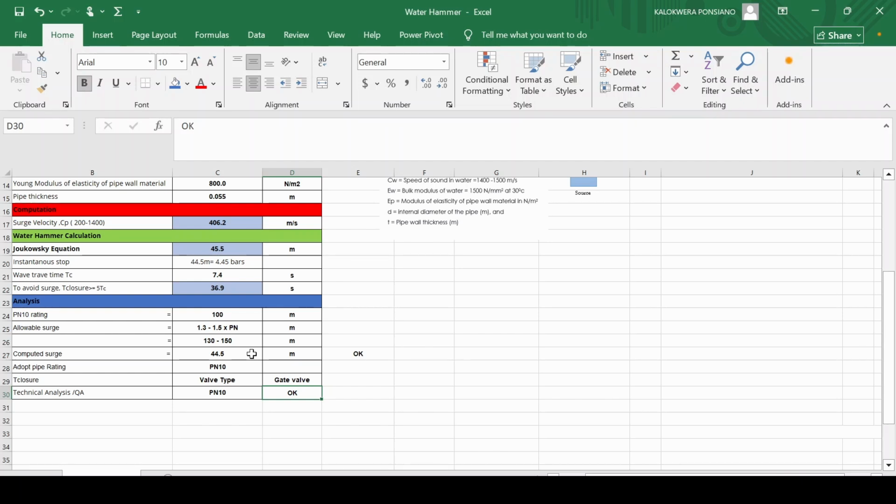Since our value was 44.5 meters, a PN5 pipe can also accommodate the system, but because we want to minimize risk, we can adopt PN10. But that is how we do a basic calculation for the system.